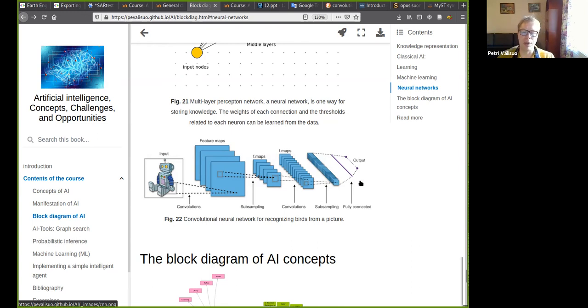that if you have, for example, taught this to recognize birds, maybe this feature extraction and this network also contain some information that could be useful for recognizing cats from dogs, for example.